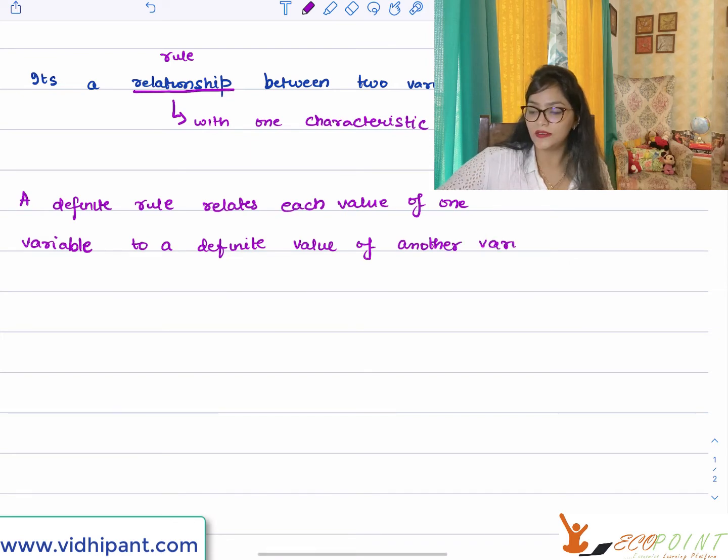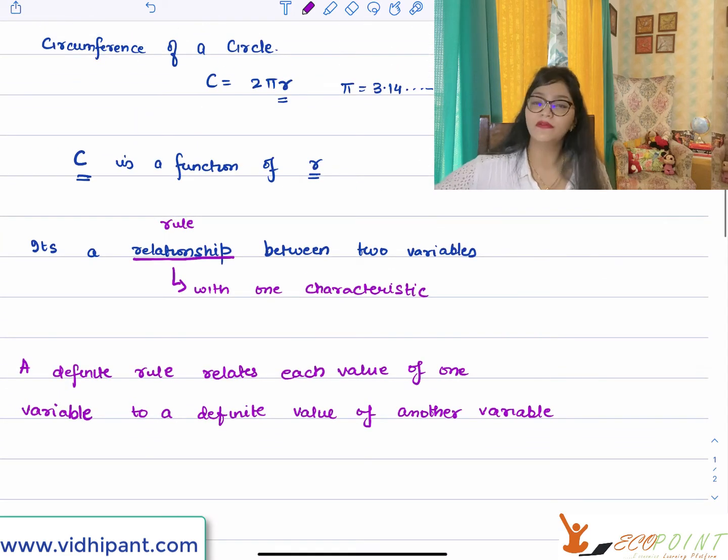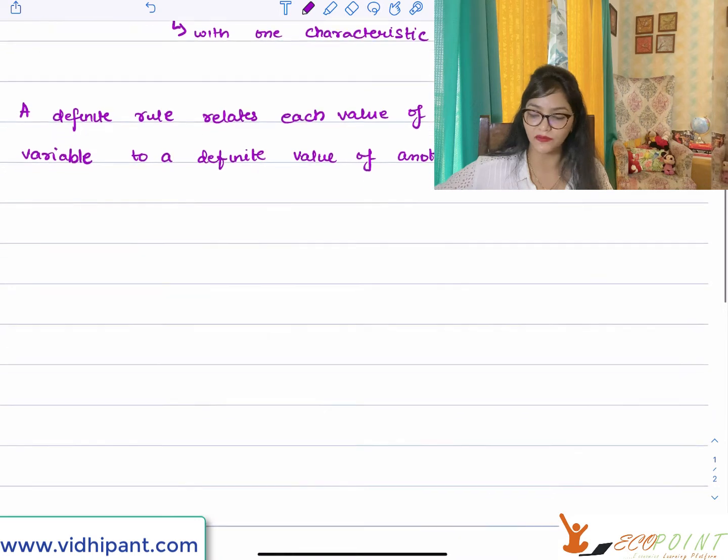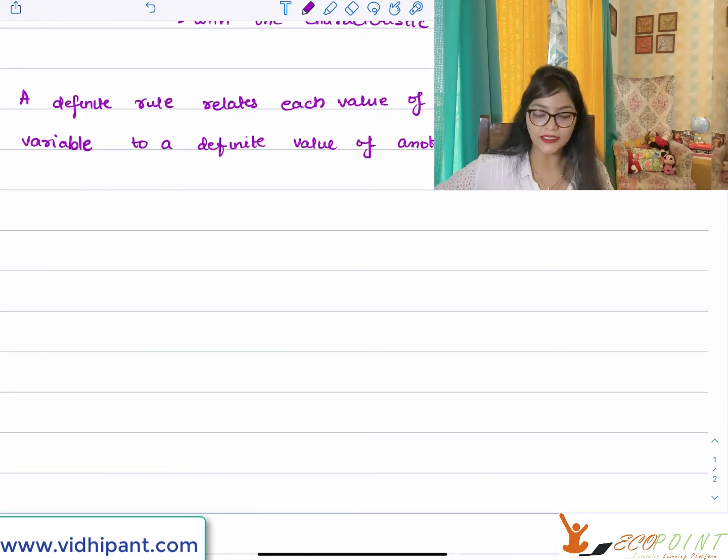Can you see? This is very much true. How? The different values of r, that is one variable, will give you a definite value of the circumference, right? So different values will give you different values of the circumference. That's what a definite rule is.